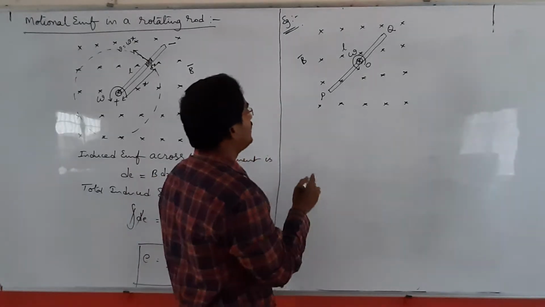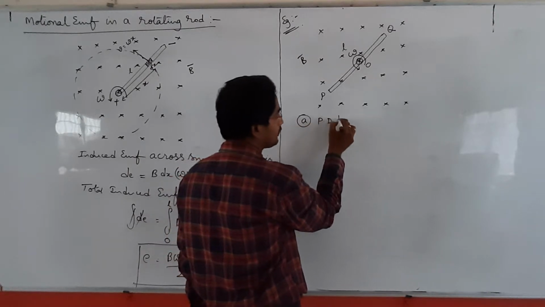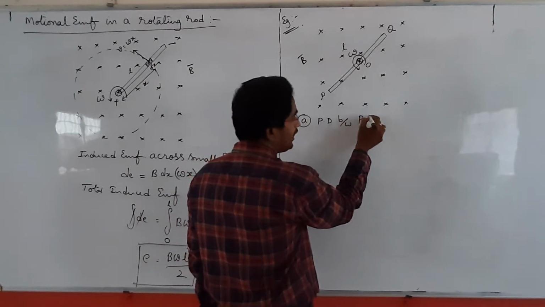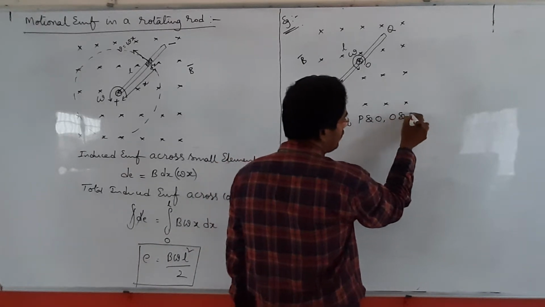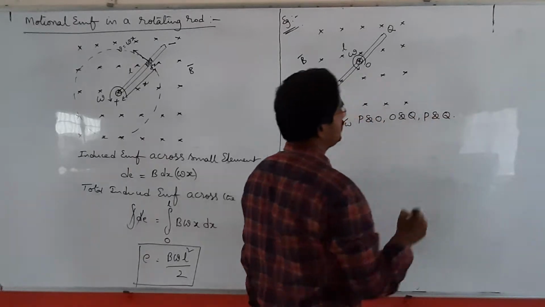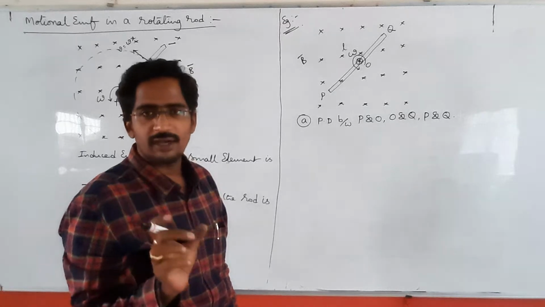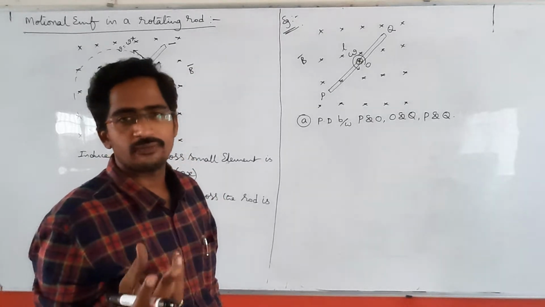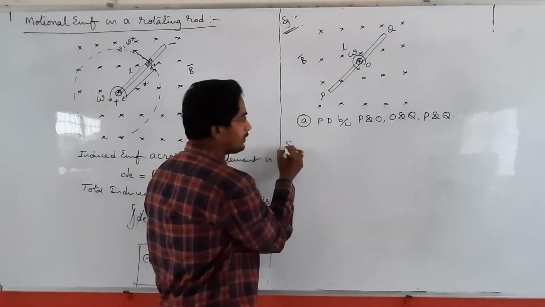Across these three sets of points, I want to get the induced EMF. It is very simple. How can we solve it?